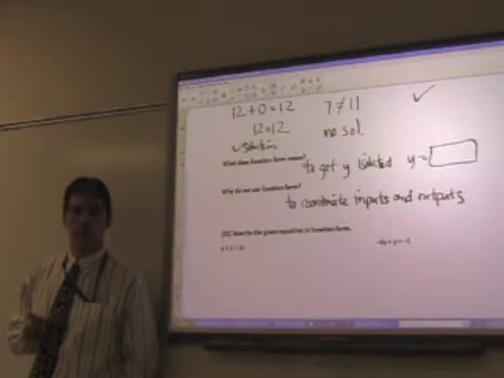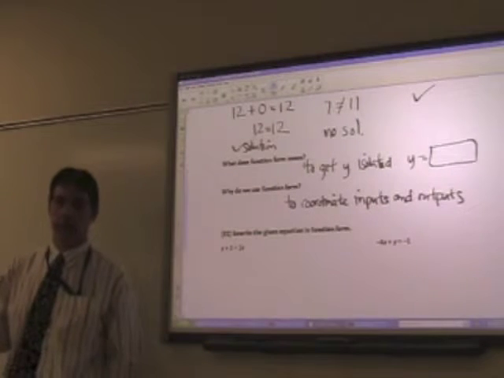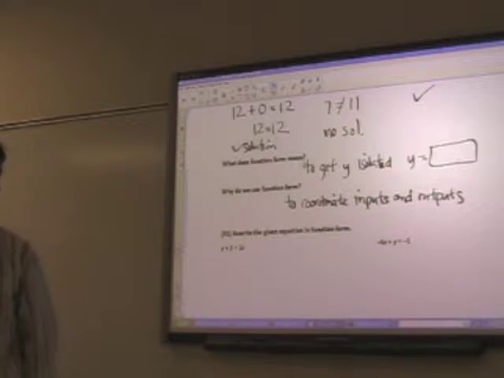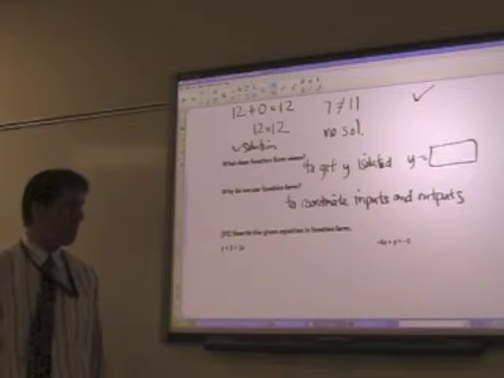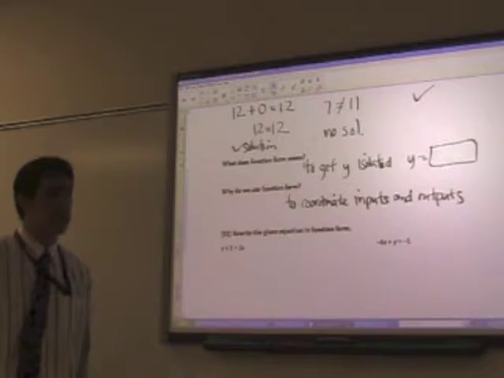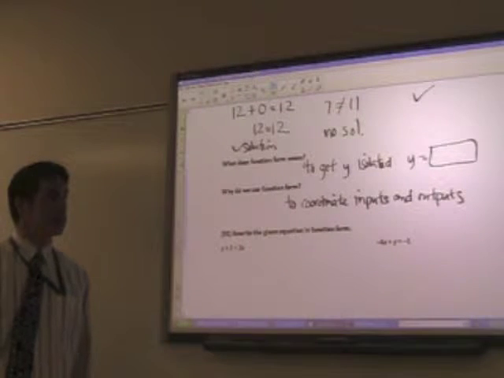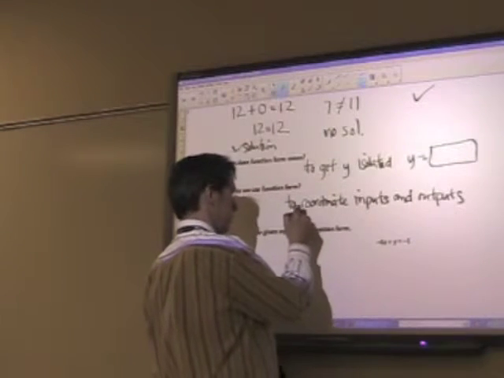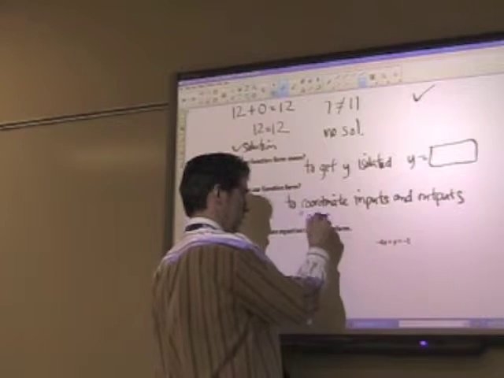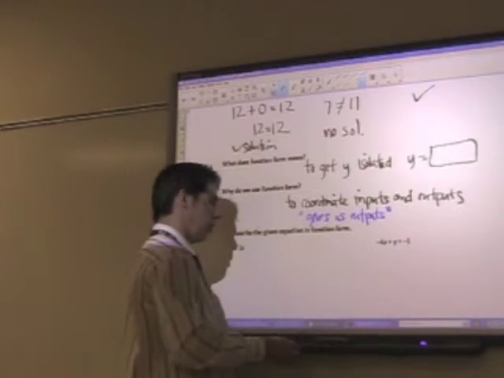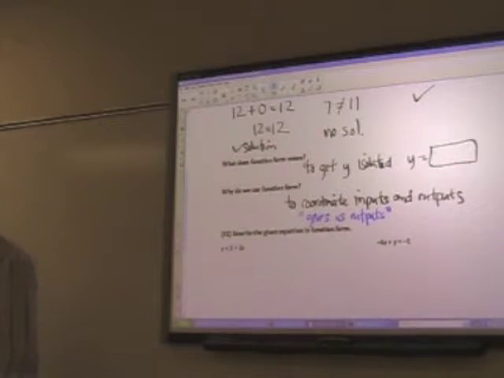So function form gives us our y values when we put x values in it. Guess I'll write this down. Gives us outputs. That's really the reason why we want it.